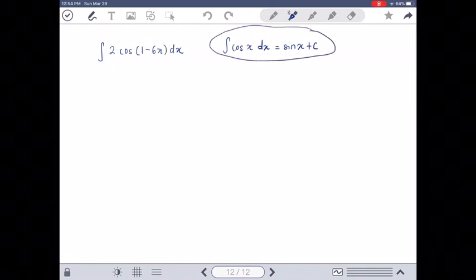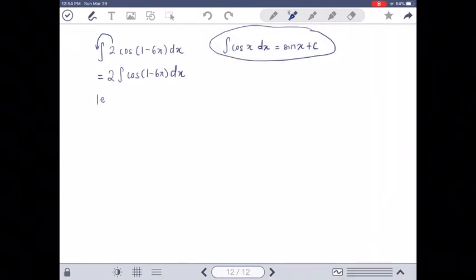That is the basic formula that you need to remember. So here, again, 2 is a constant, so we can bring 2 outside, becoming 2 times integration of cos (1 minus 6x) with respect to x.